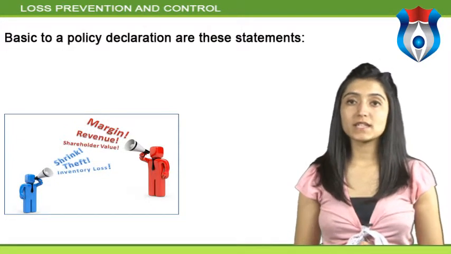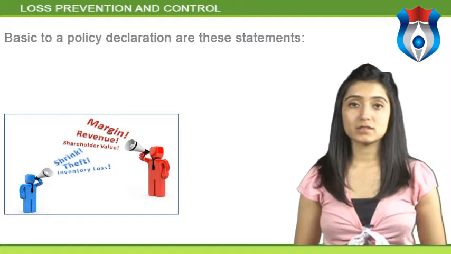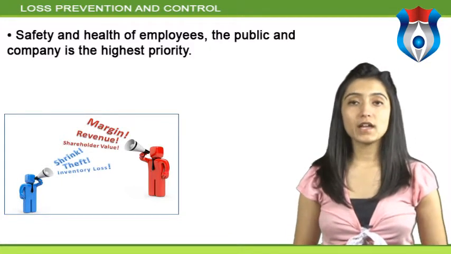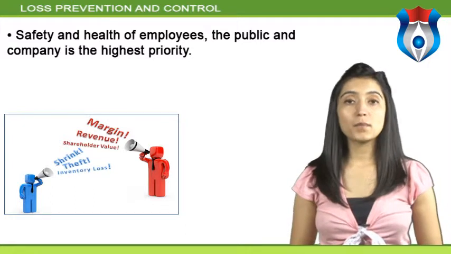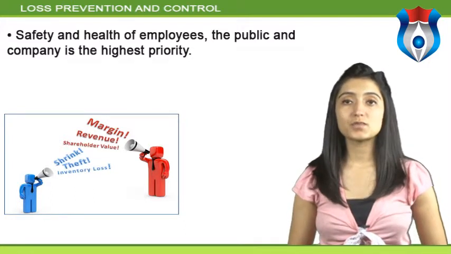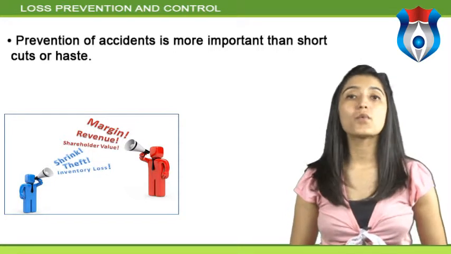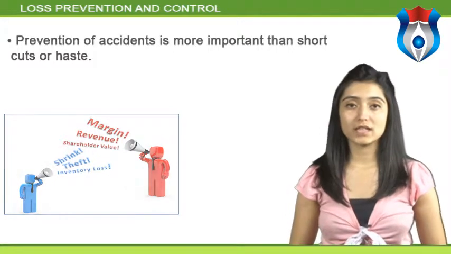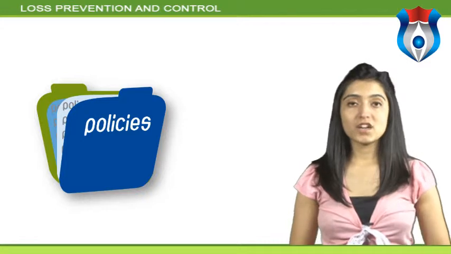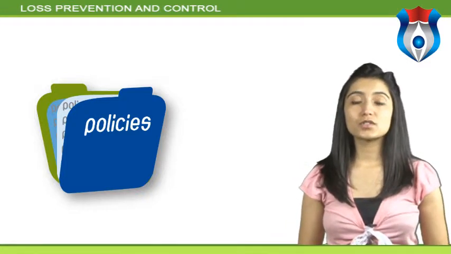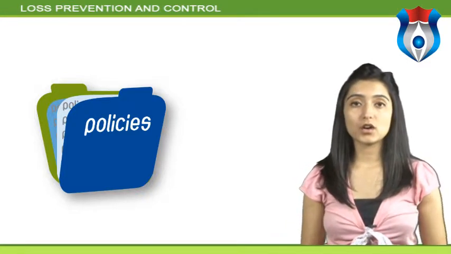Basic to a policy declaration are these statements. Safety and health of employees, the public and company is the highest priority. Prevention of accidents is more important than shortcuts or haste. Every attempt will be made to reduce the possibility of accident occurrence.